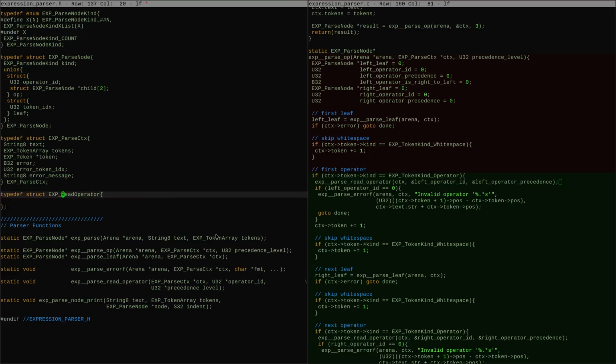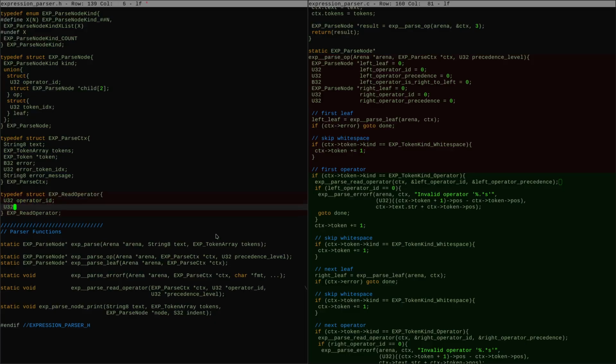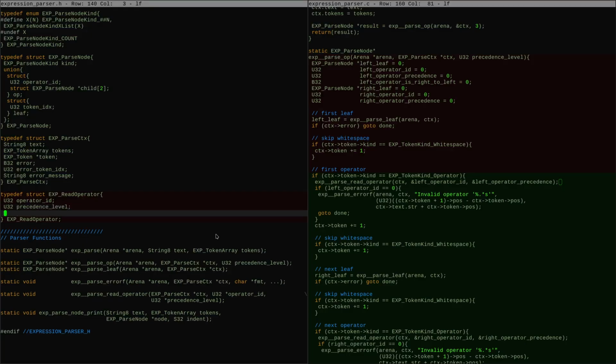Operator, just going to give us all the info. Operator ID, precedence level, right to left.